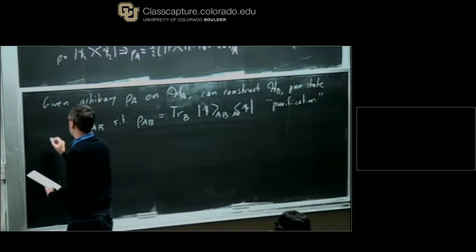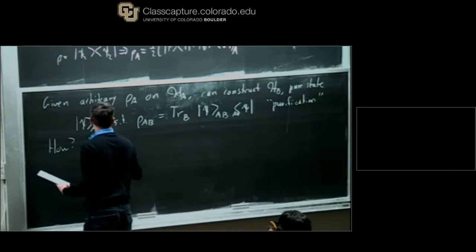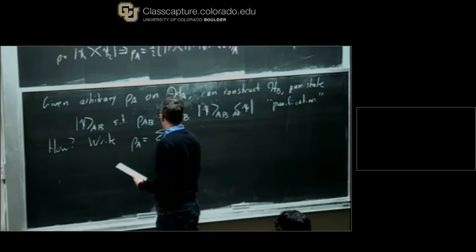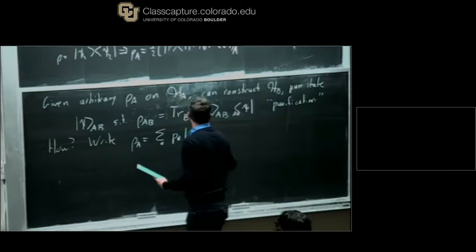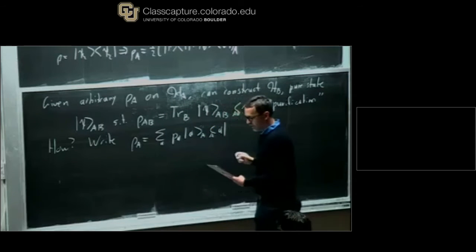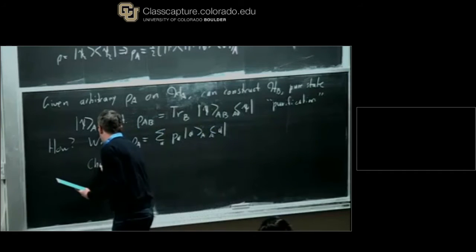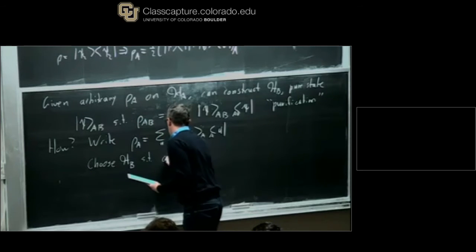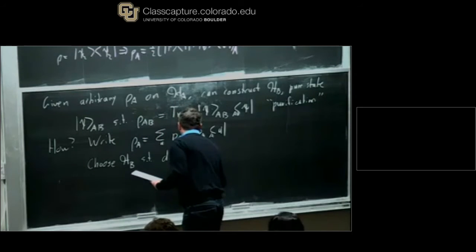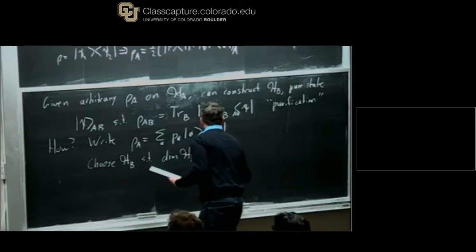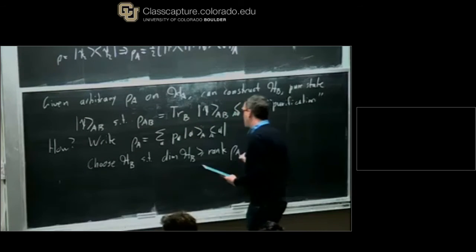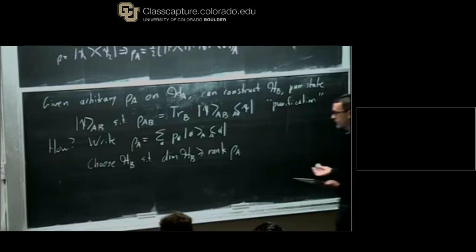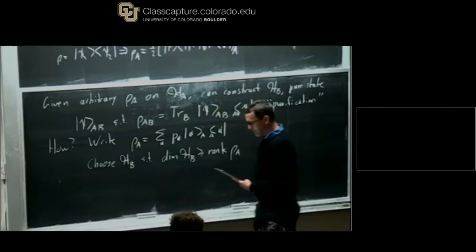So I start with a mixed state and I embed it in a larger system such that it becomes pure. And how do I do this? First, you diagonalize rho A. It's a Hermitian operator, so that's not a problem. Then you construct yourself a Hilbert space whose dimension is at least the rank of rho. There's quite a bit of freedom in this construction. For example, you could just choose HB to be another copy of HA. That would be the simplest thing to do, but you don't need it to be that big, necessarily.